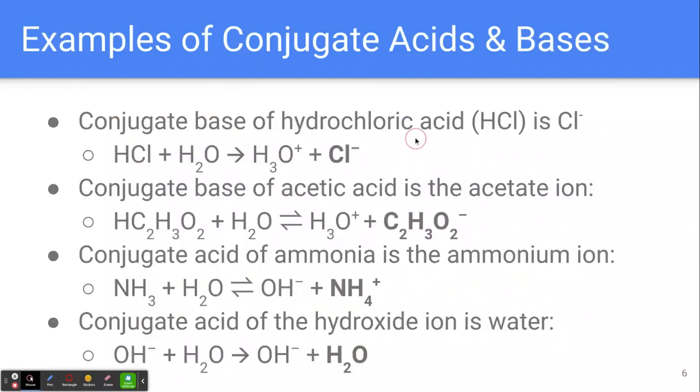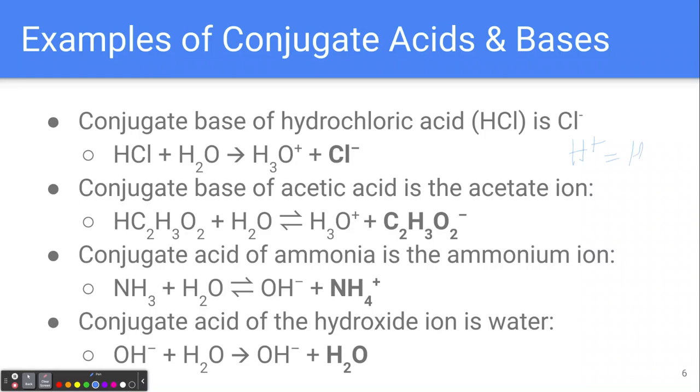Now, to practice figuring this out, here are a few examples. If we react hydrochloric acid with water, we're going to get H3O plus. H3O plus is called hydronium. So if you ever hear me say hydronium, H3O plus is hydronium. You'll sometimes see H3O plus and sometimes you'll just see H plus. They're both the same exact thing.